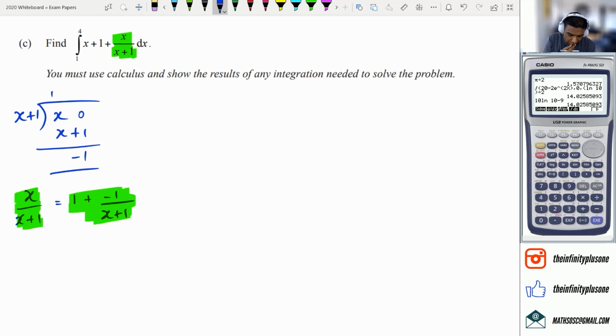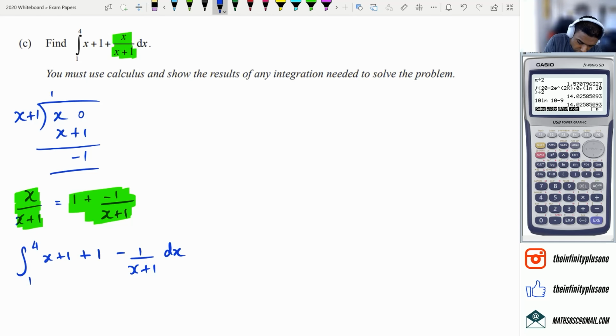I've kind of done it already with long division, because the next step is just to put the integral from 4 to 1 of 1 plus minus 1 over x plus 1 dx. Just remember that 1 over x plus 1 integrates to ln of x plus 1, and you're done. That's if you're comfortable with long division and you want to do this method.